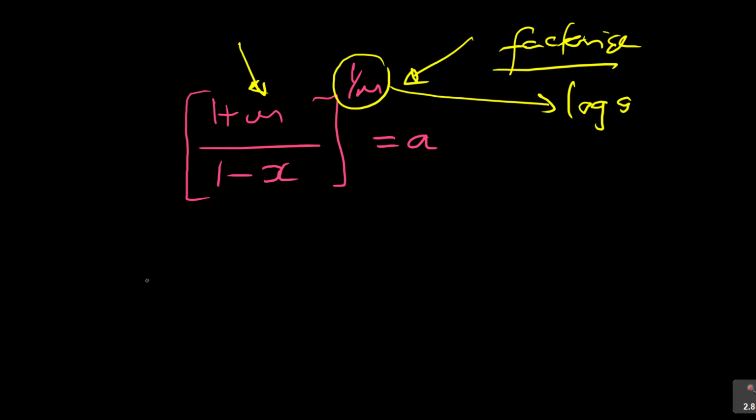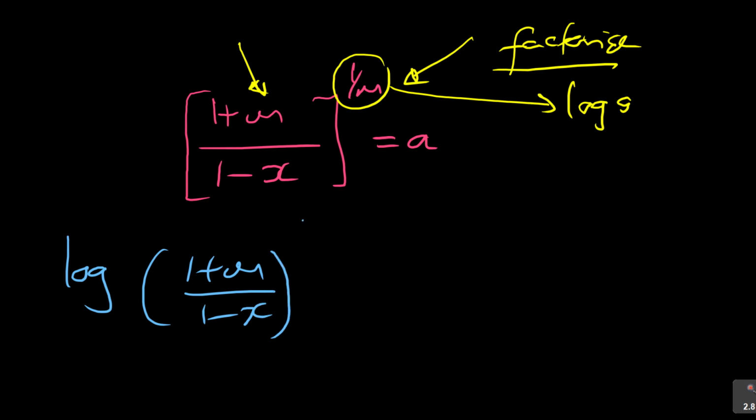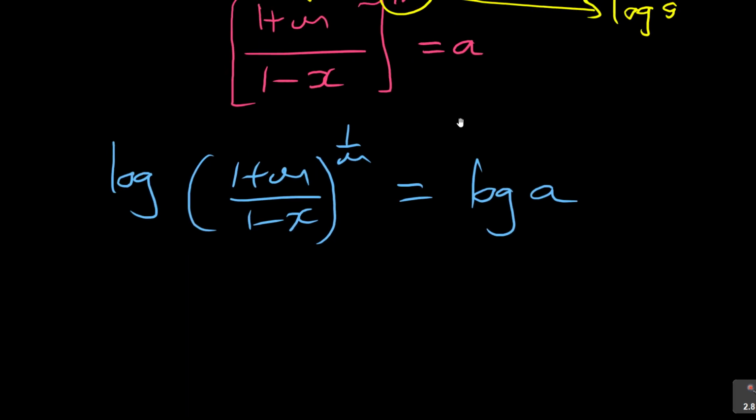See, 2 of those things. So let's just do that. Introduce logs. So the first one is log. We just write it as 1 plus m over 1 minus x to the power 1 over m is equal to log a. You just introduce log, or ln, you're allowed to use ln.